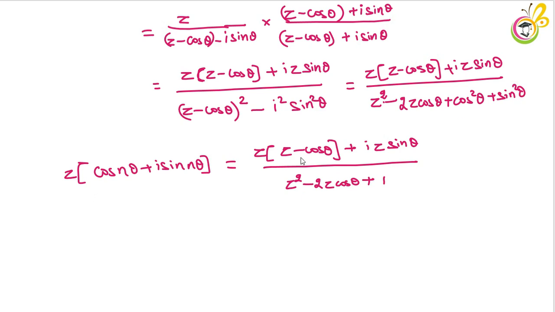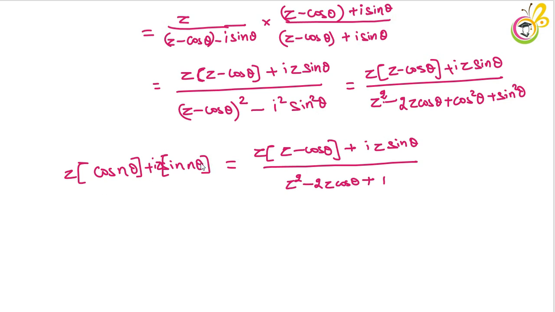Now equating the real and imaginary parts on both sides. And this left hand side can be written by using the linear property as Z of cos n theta plus i into Z of sin n theta.